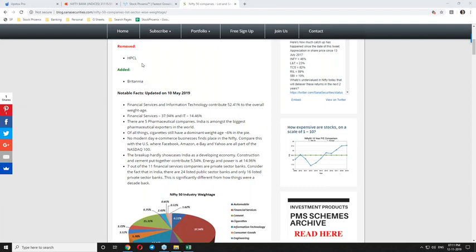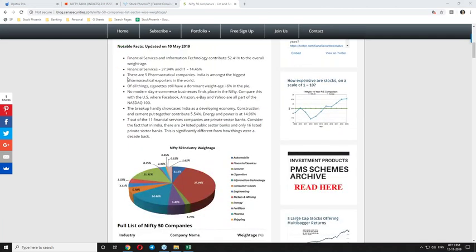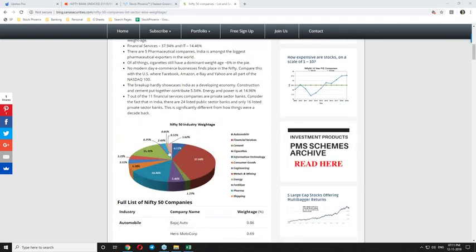One company is removed and one company is added. If five companies are removed, again five companies will be added, because they keep 50 companies as the average for Nifty. Now when you see this Nifty, these are the shares which the industries are holding. So what is the use of understanding this?